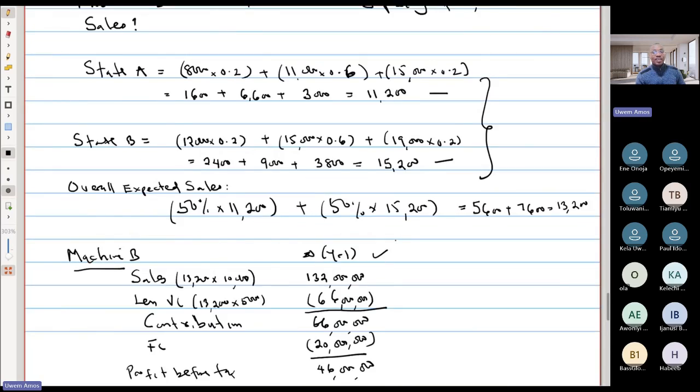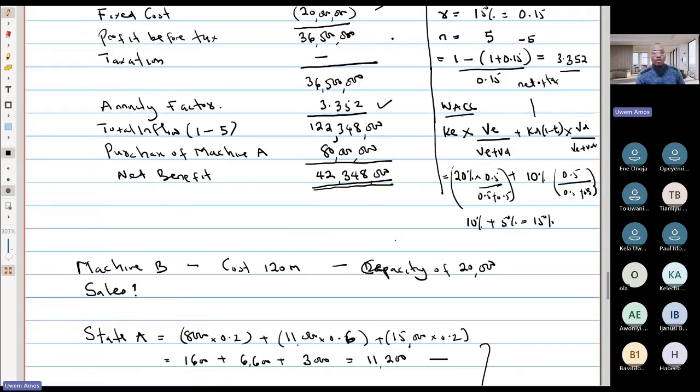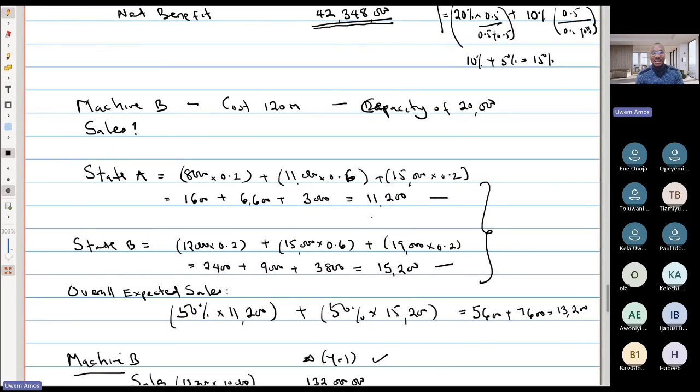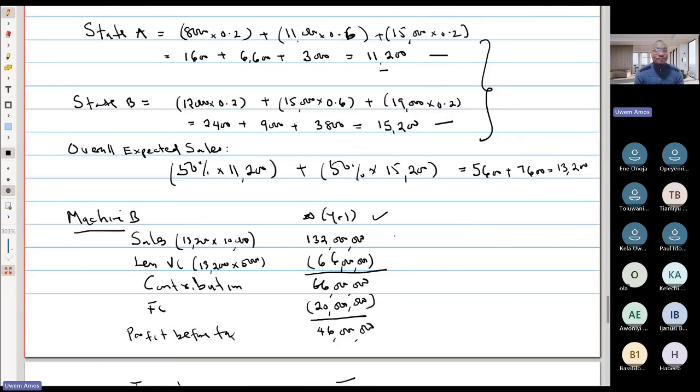So we're just going to pick the value. We've done the calculation before. This is the big one, which is machine B. So big A is 11.2, and big B is 15.2.